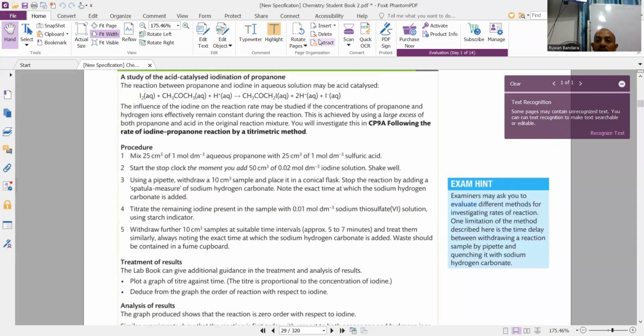First write the main equation. Please copy the main equation: iodine plus propanone.